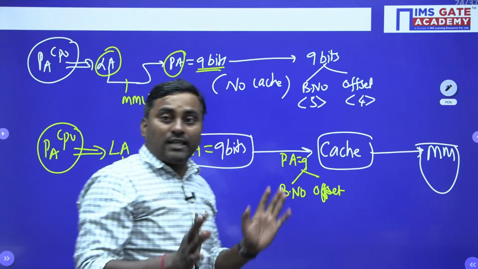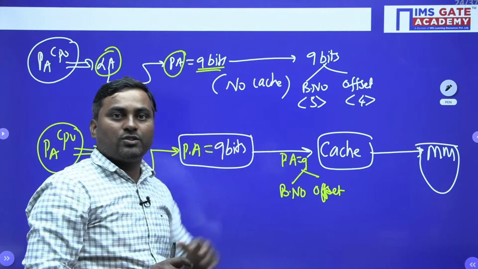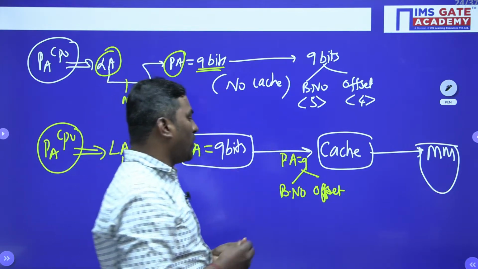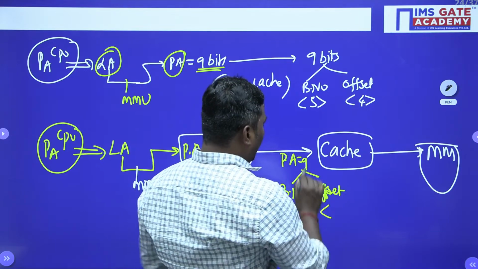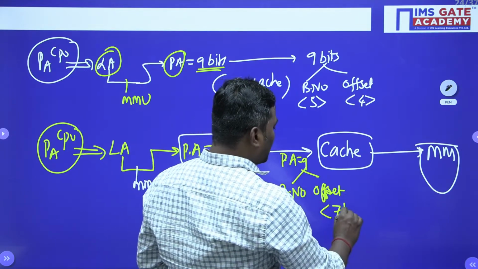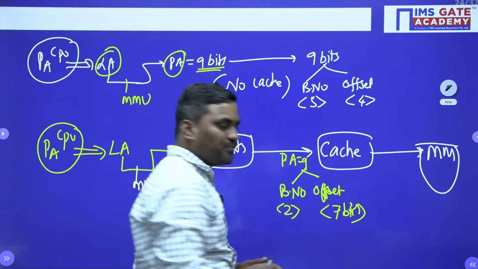How many blocks does the cache memory have in the example I am considering? 4 blocks are there, so 2 bits are required for this, right? Yes or no? So of the 9 bits, 2 bits plus 7 bits for the offset.